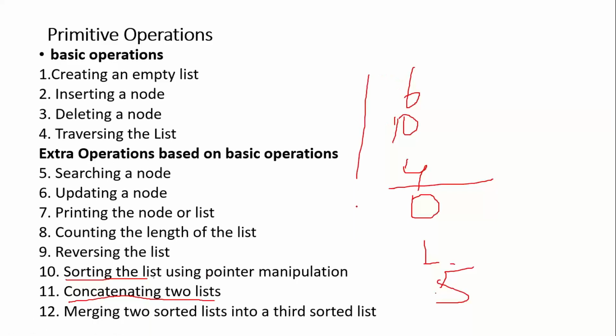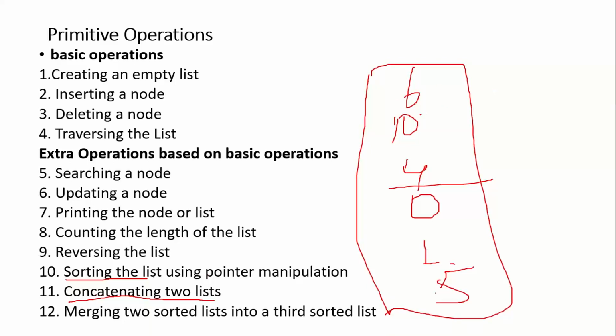Concatenating means you will just attach it. You are not going to change the positions of the data elements. They are just stored as they are. I mean, it is not in a sorted manner. You treat this as one list and this as one list. You will just attach or combine together the two lists, which will form a single list.